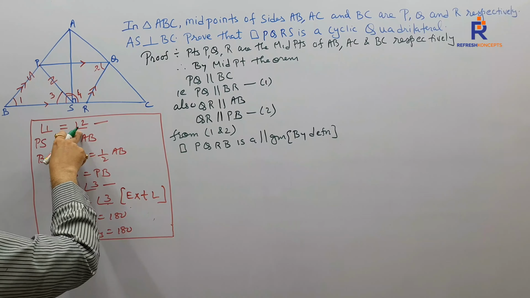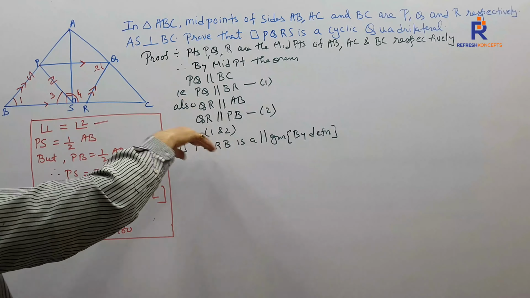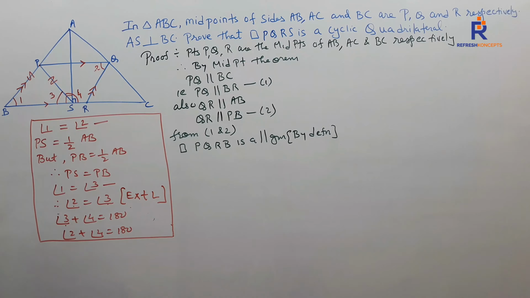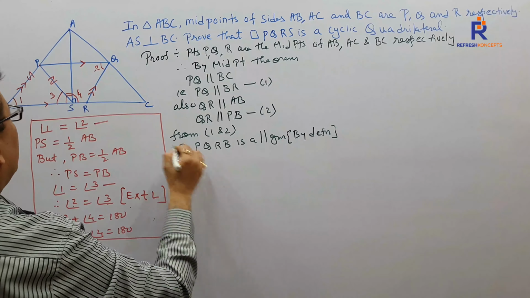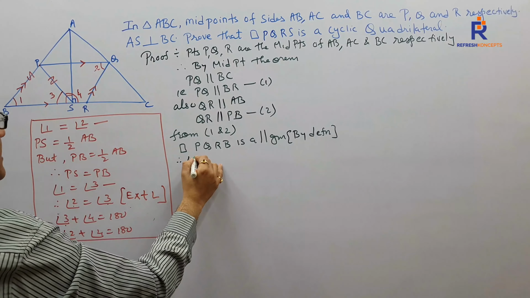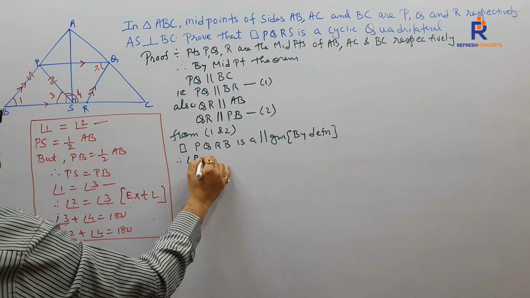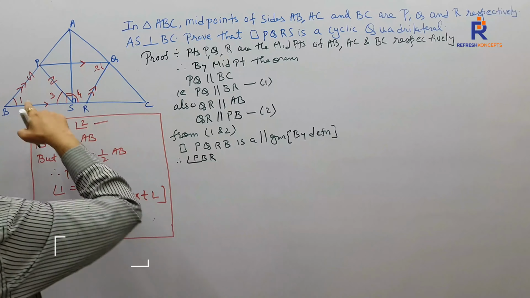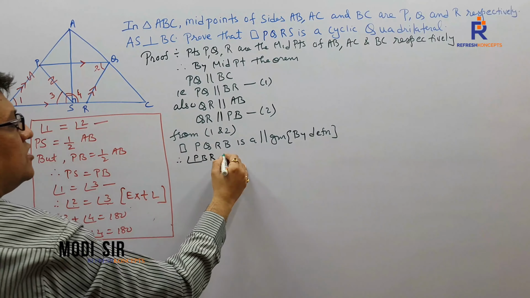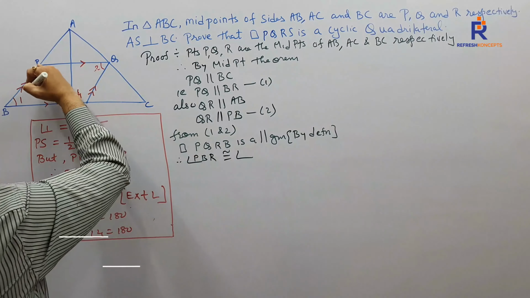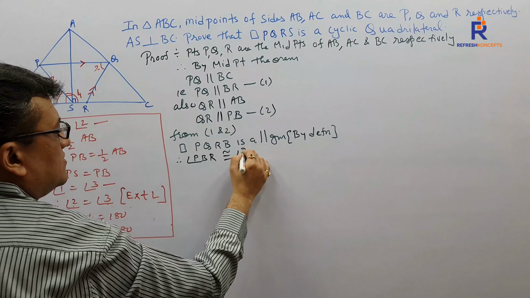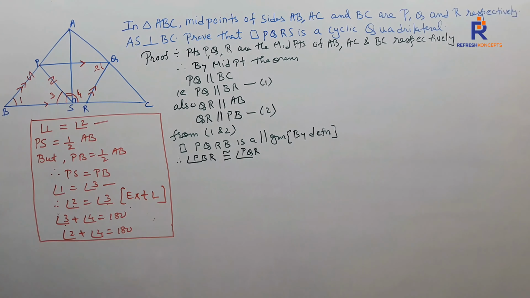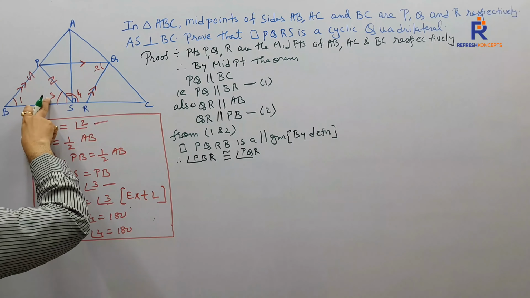1 congruent to 2. So after writing these many steps, now we are reaching the first step. Therefore, angle 1, and who is that angle 1? Angle PBR congruent to PQR. But since we have studied the skeletal solution, somewhere down the line, 1 needs to be equated with 3.